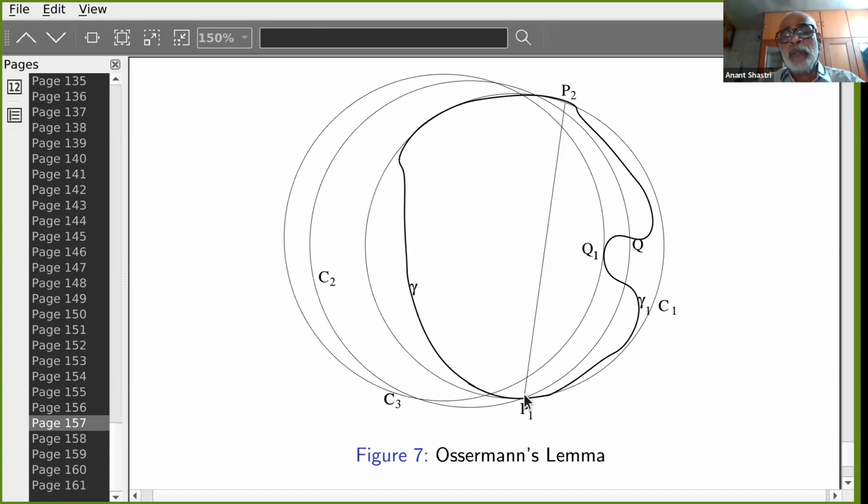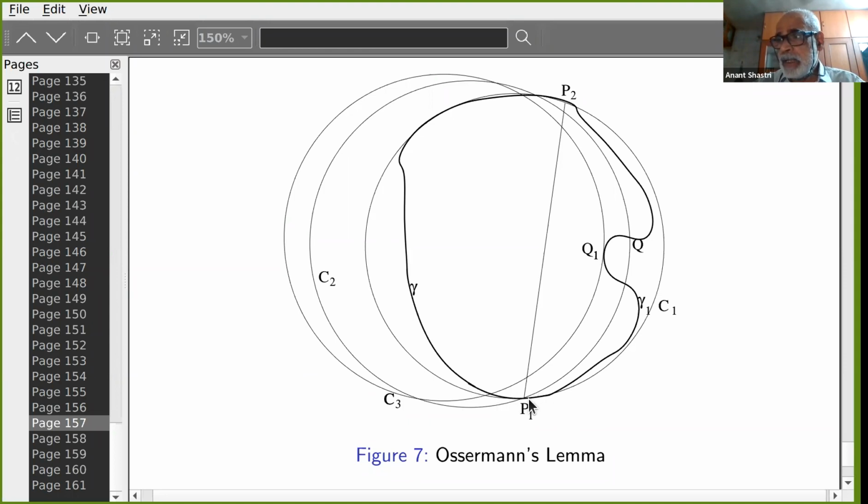Okay, wherein what is happening? Kappa is bigger than or equal to 1 by r. Kappa has to be bigger than or equal to 1 by r because P1 is a point of intersection of the curve gamma and the circle C. By lemma 1, if you pick up such a point P1, the intersection of C and gamma, the curve is completely contained inside the interior of C. At all those points, the kappa of this one will be bigger than 1 by r.